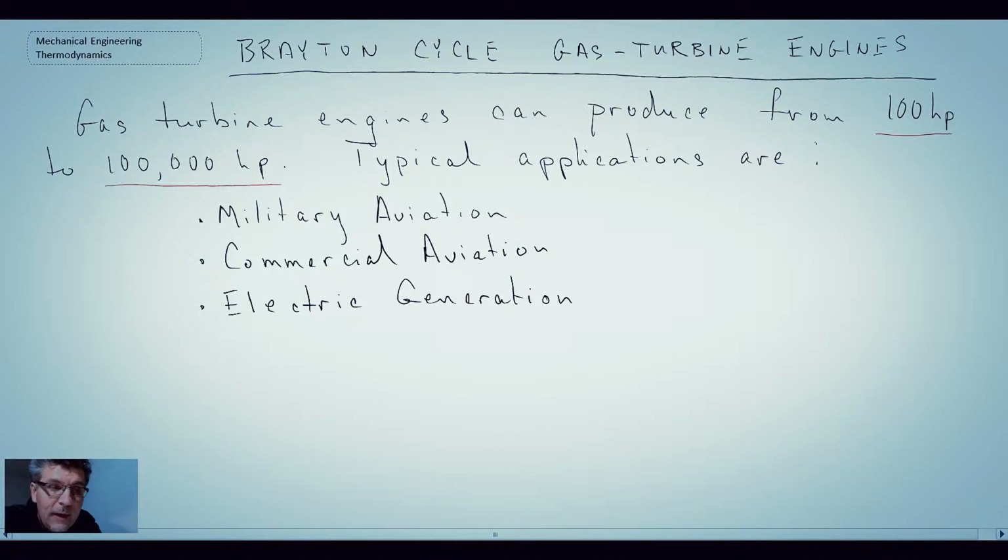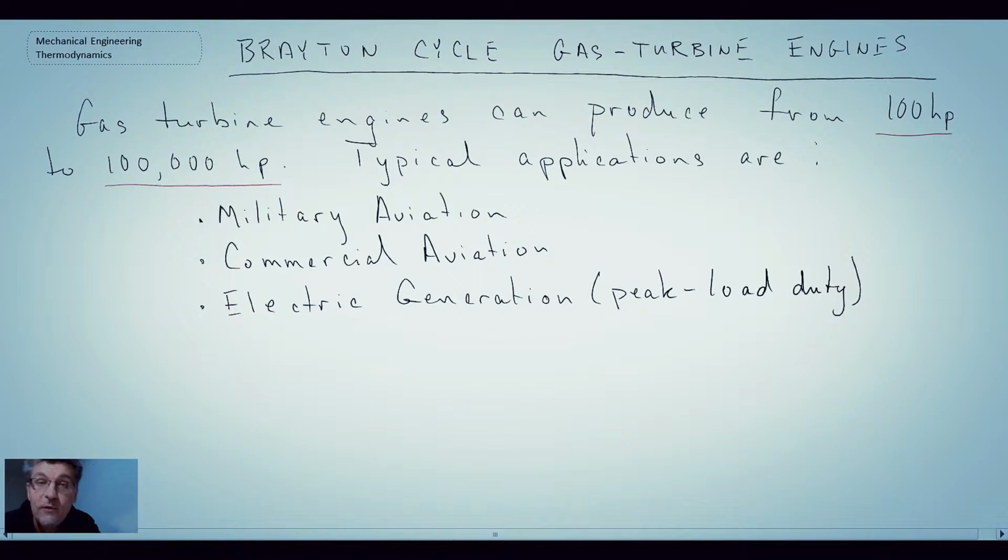We want to be able to kick in and provide power, for example, in the evening when everybody goes home and turns on their TV, their lights, their microwave, their stoves, when they're cooking dinner. That's the time when the electric utilities have to provide pretty much the maximum power, and consequently they will kick in gas turbine engines during that period to provide what we call peak load duty, or peaking power.